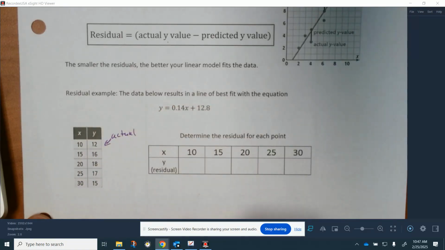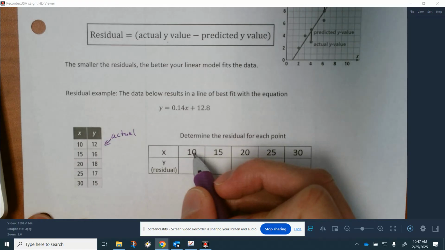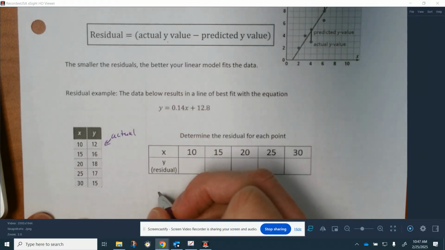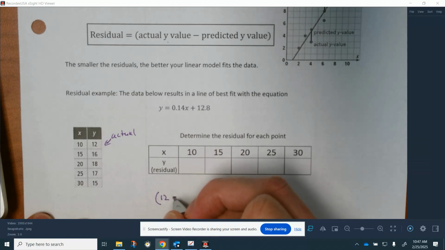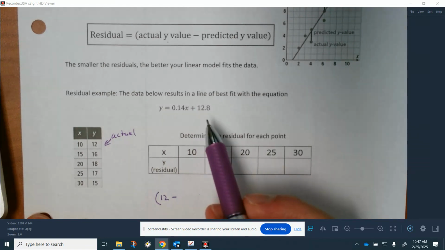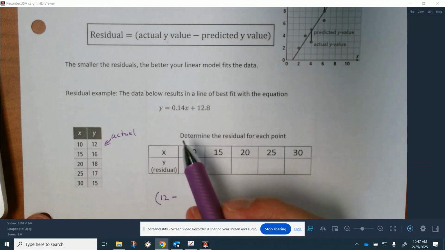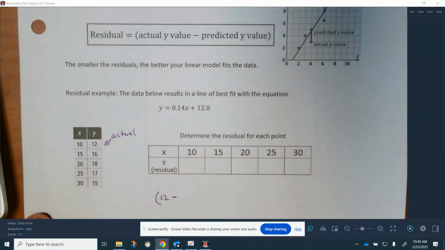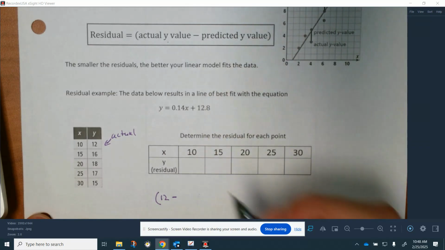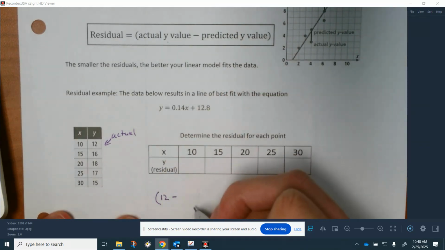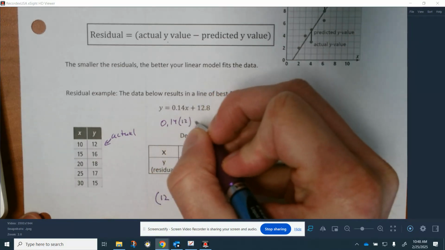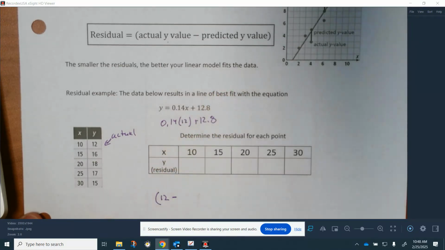So to find the residual for 10, we would need to do the actual value, which would be 12, minus the predicted value, which would be what we get when we plug 10 in for x. Okay? So let's plug 10 in for x. 0.14 times 10 plus 12.8.